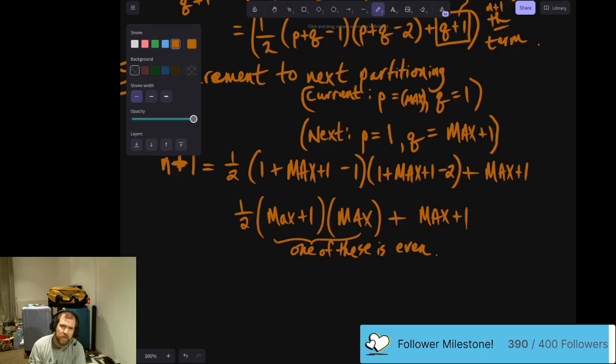And then we get max plus 1 over on the side. This is going to be, man. It's not of the form of the other thing. It's going to be terribly awkward.